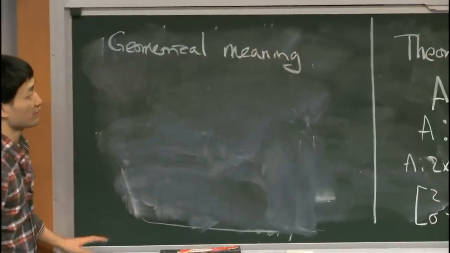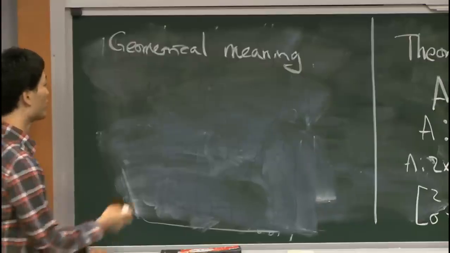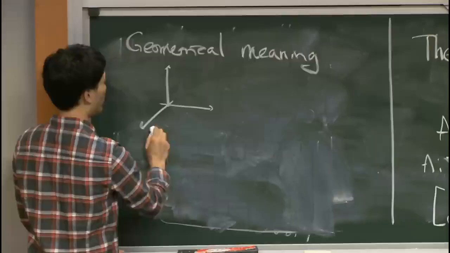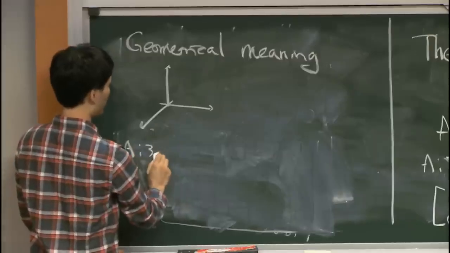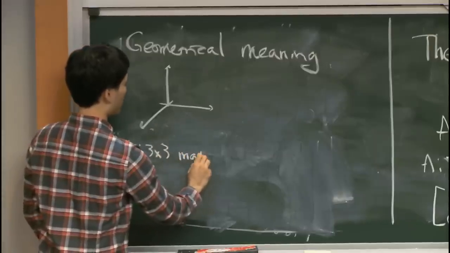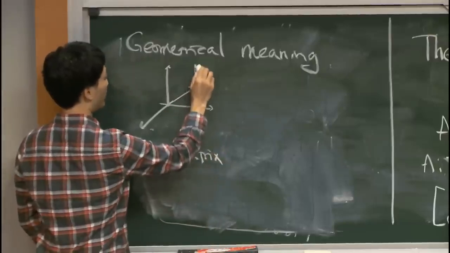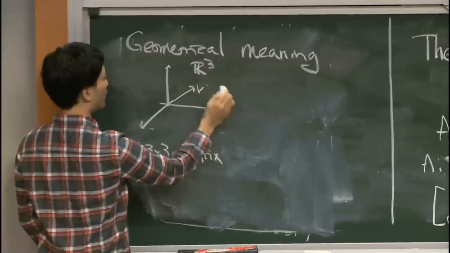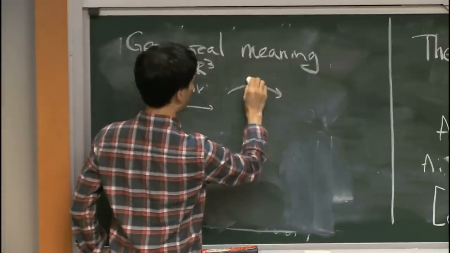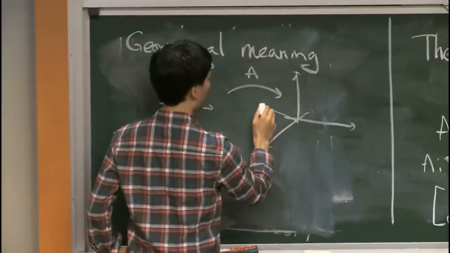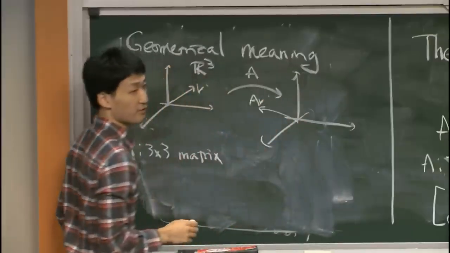Okay, now let's go back to the linear transformation point of view. So suppose A is a 3 by 3 matrix. Then A takes a vector in R3 and transforms it into another vector in R3.